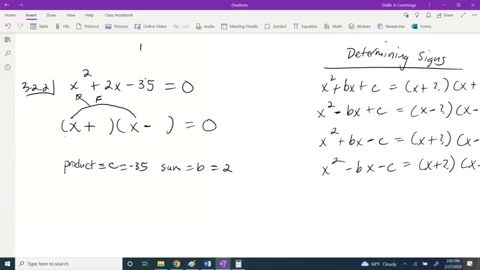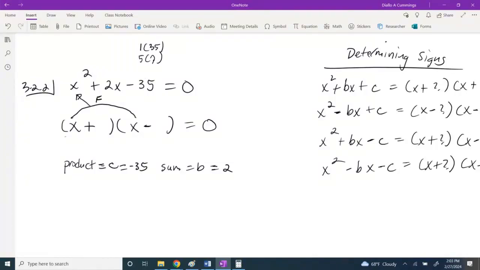I can get 35 by multiplying a 1 and a 35, or by multiplying 5 times 7. This is a trial and error type method. I'm going to use the 5 and the 7.